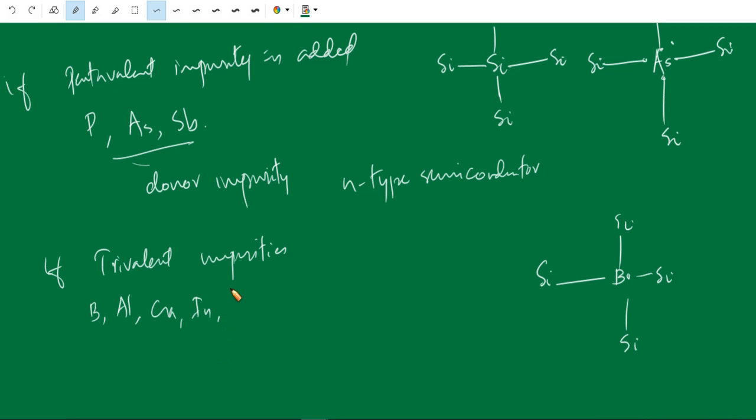So a hole is created in the valence band because of this trivalent impurity. These trivalent impurities are called acceptor atom or acceptor impurity, because there is one lack of electron in the valence band, one hole in the valence band. Therefore these are called p-type semiconductors.